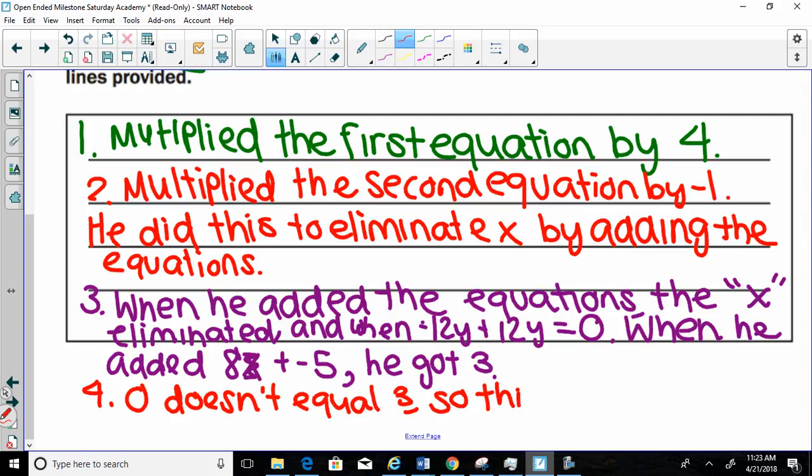So this system is false. So make sure you're just explaining each step. When you're explaining something, usually it's going to be each step you took or each step someone else took or where they went wrong.